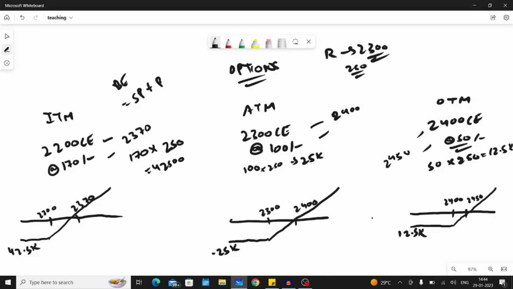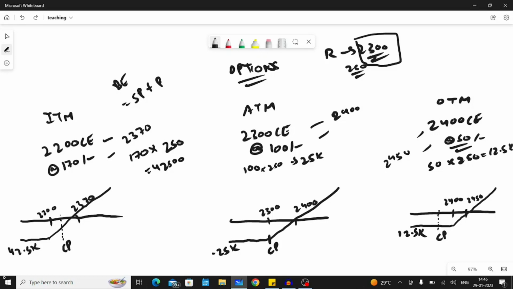Now let's plot the current price, that is 2300, right? So this is the current price in the at the money option, whereas this is the current price in the in the money, and this is the current price, that is 2300, in the out of the money options.